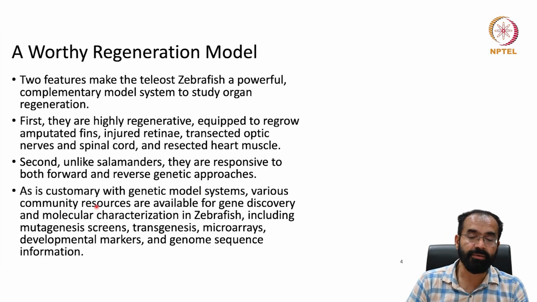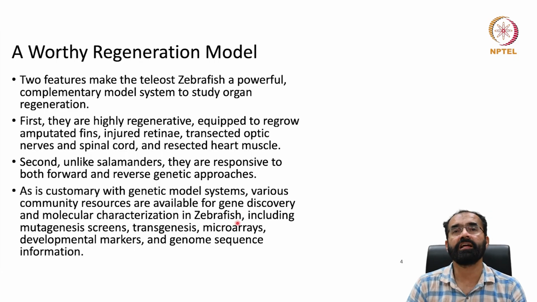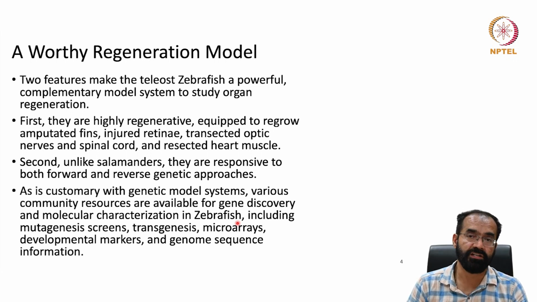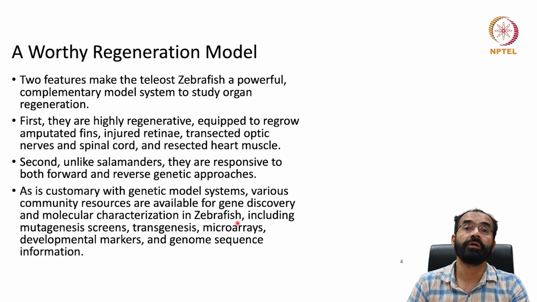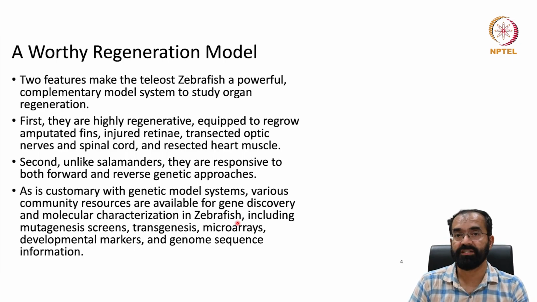As is customary with a genetic model system, various community resources are available for gene discovery and molecular characterization of zebrafish. This is an important feature: if you are studying a species, the availability of resources or reagents across the research groups or research fraternity is very important. If you are starting with a new species and no resources are available, you have to identify and discover those features and then study.